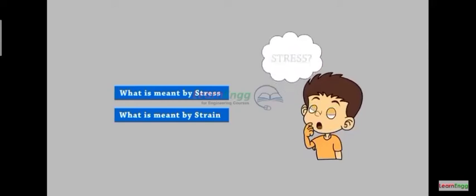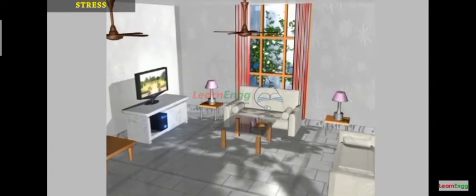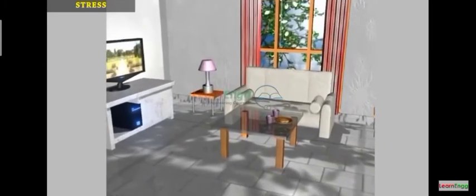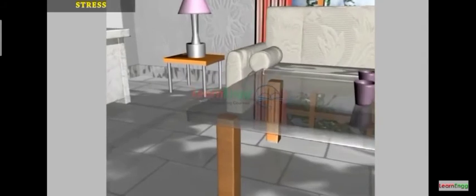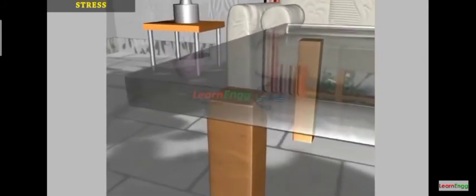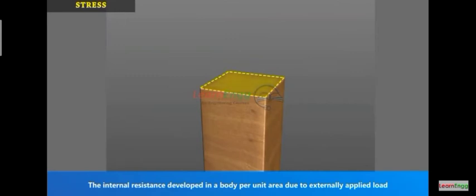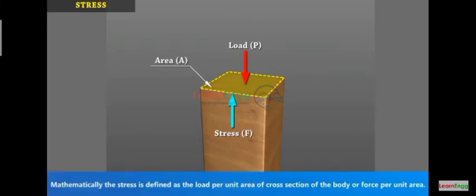What is meant by stress and what is meant by strain. Generally, stress is defined as force per unit area. For example, the internal resistance developed in a body per unit area due to externally applied load.